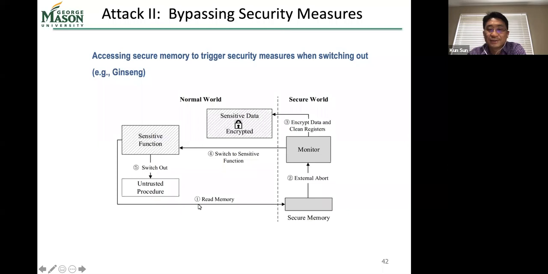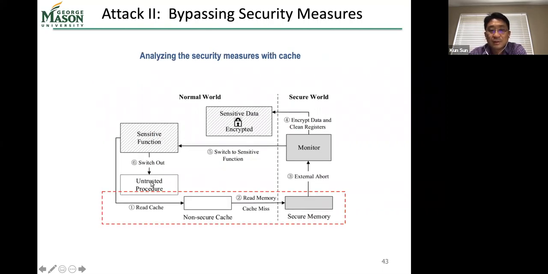When they access the secure memory, it will generate an abort interrupt, which will trap into the monitor. The monitor will clean or encrypt the data, and then tell the sensitive function, okay, now you are safe, you can switch out. And then this core can just run other untrusted procedures.